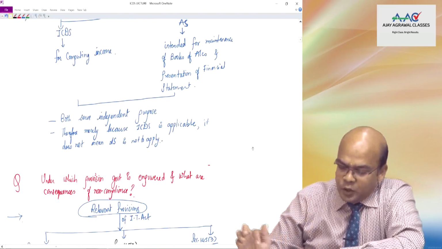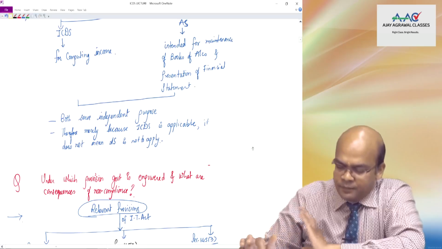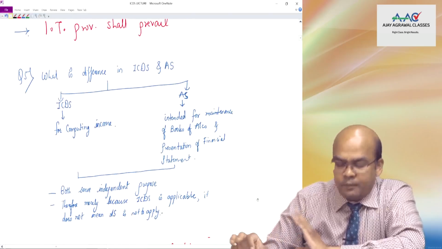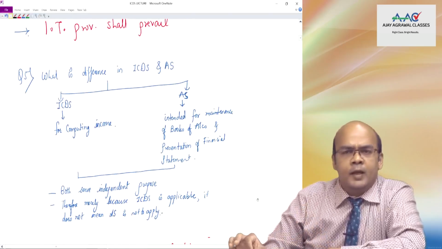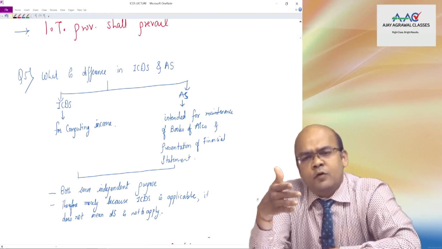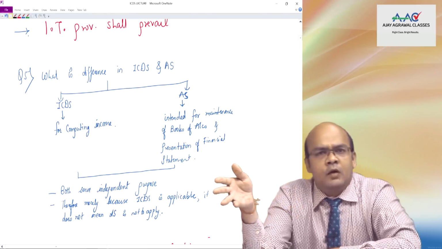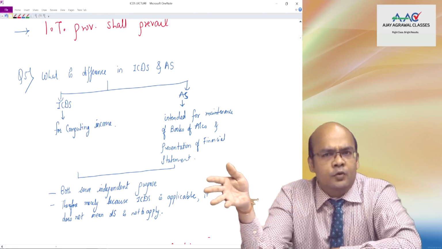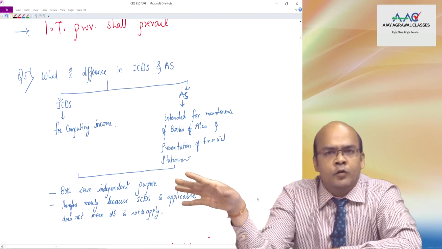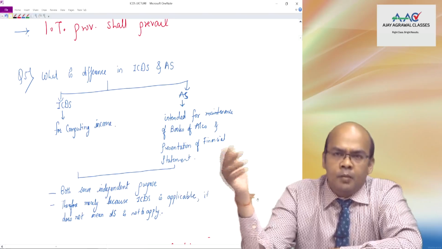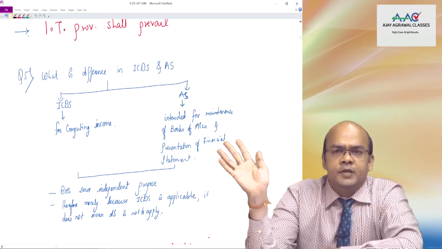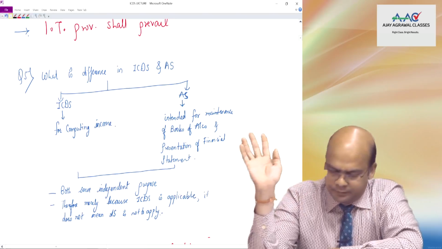Therefore, merely because ICDS is applicable, it does not mean AS is not to apply. So the assessee cannot argue, sir, I was following ICDS, so I didn't follow the accounting standard issued by ICAI. Will it do? No. For maintaining books of accounts and affairs, you will follow the accounting standard. But while offering the income, you have to comply with ICDS. Fine?